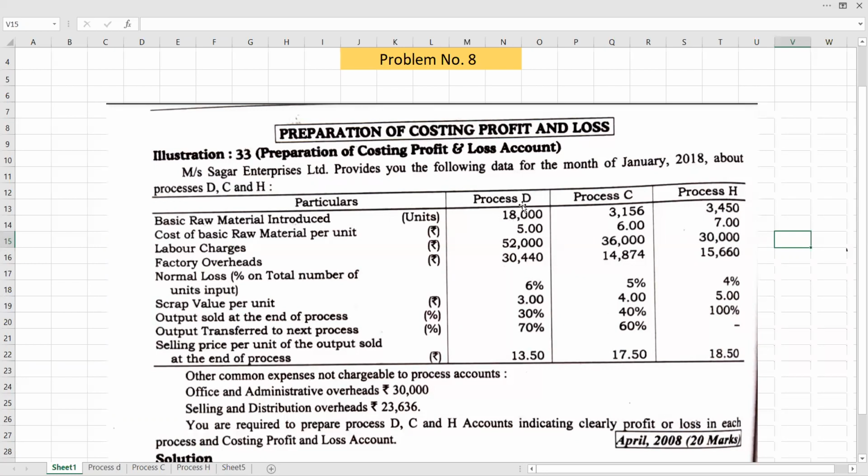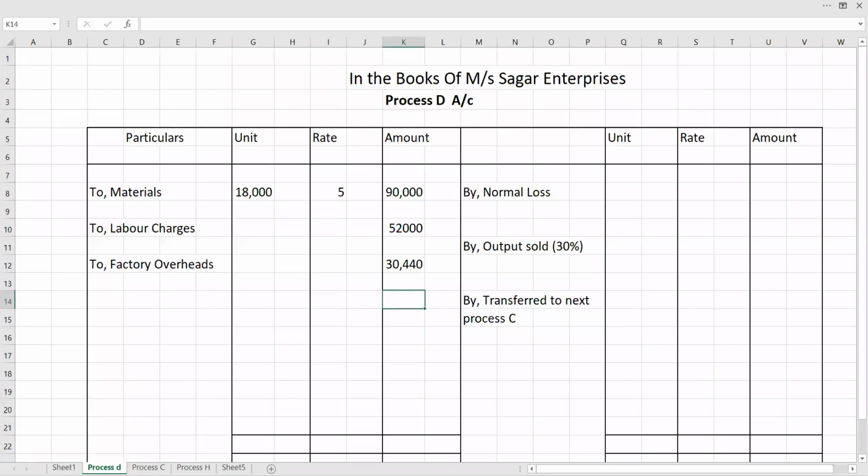So 6% on 18,000, because these are the input units. इनपुट युनिट्स वरती आपण हे जे नॉर्मल लॉसचे पर्सेंटेज आहे ते आपण कॅल्क्युलेट करतो. सो 6% ऑन 18,000 अँड द आन्सर इज 1,080 rupees.